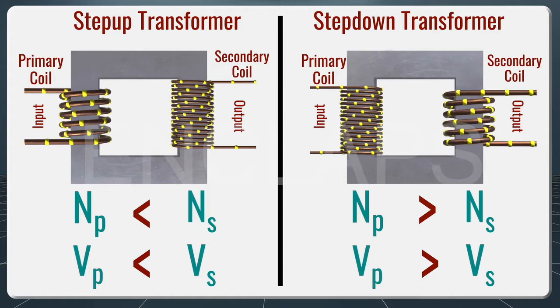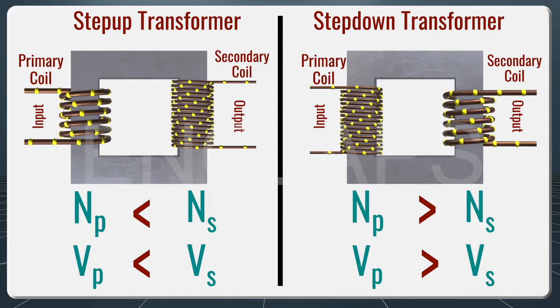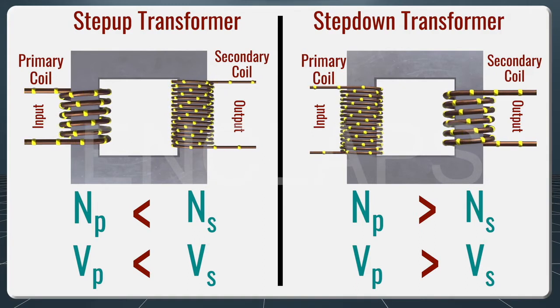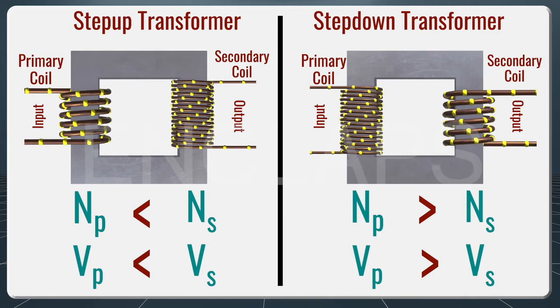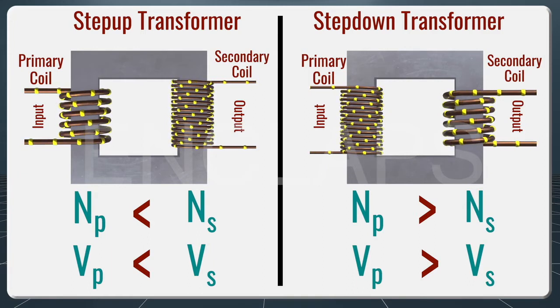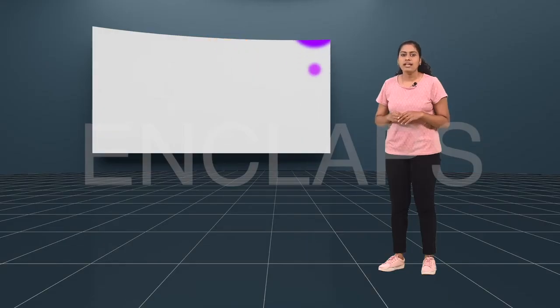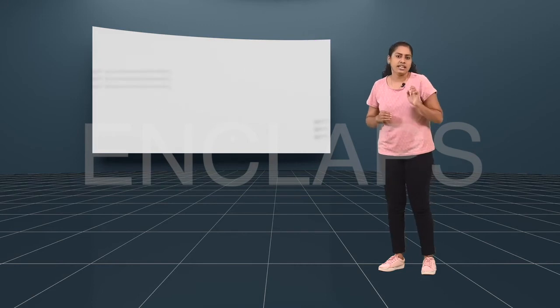VP greater than VS. The voltage VP will be higher in the primary. Therefore, the greater the number of turns in the primary, the thinner will be the coil. As the number of turns decreases, the voltage will be less. NP greater than NS.